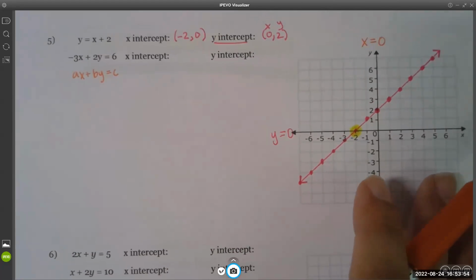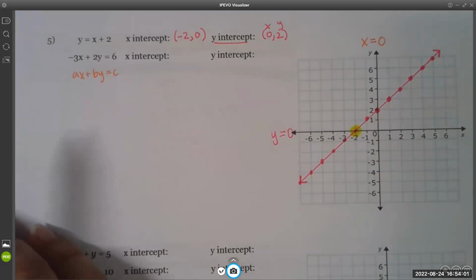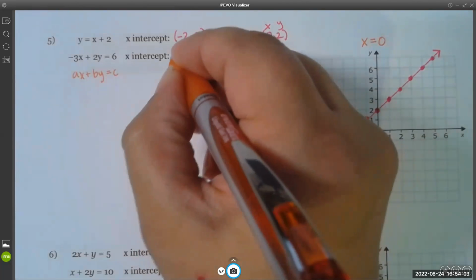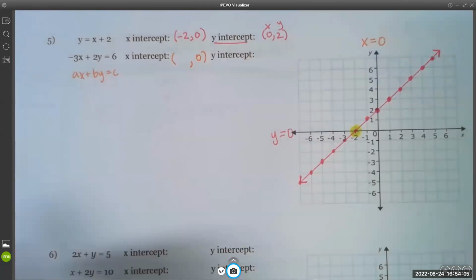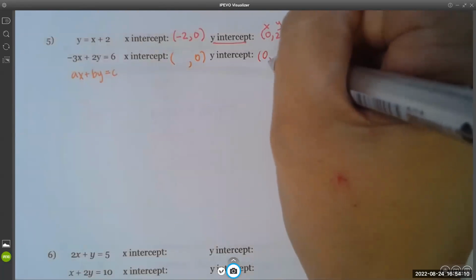So that's what makes intercepts easy to find when I'm not graphing and I'm just looking at the equation. If I'm looking for the x-intercept, it's going to be when the y is 0. And when I'm looking for the y-intercept, it's going to be when the x is 0.